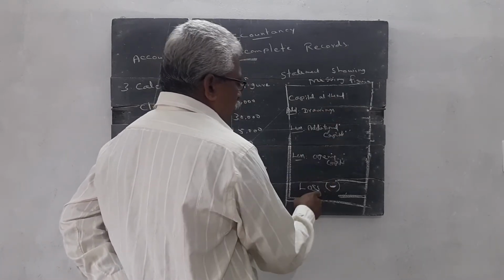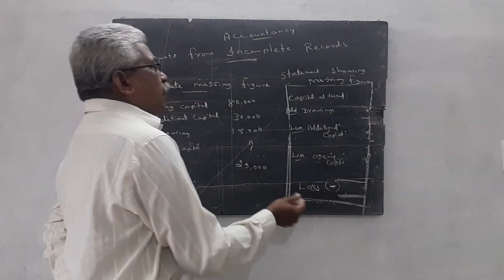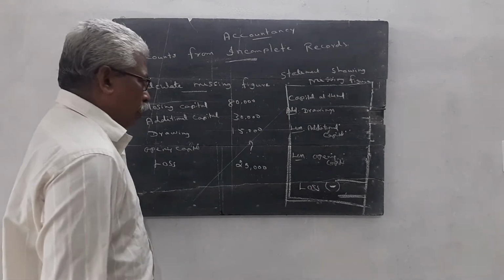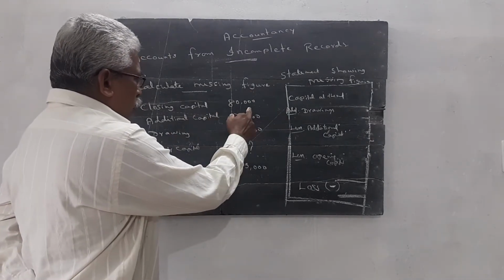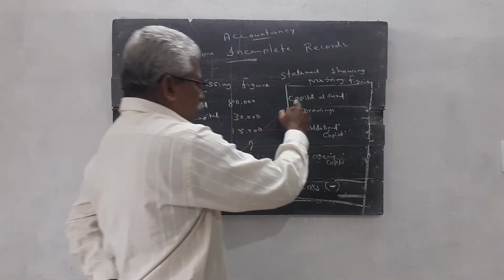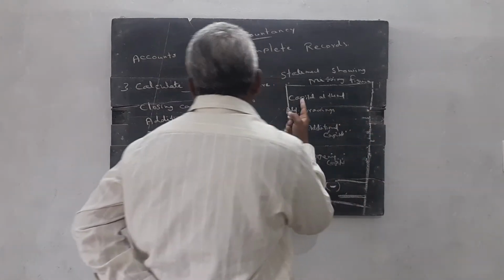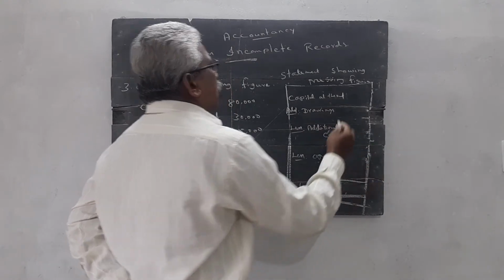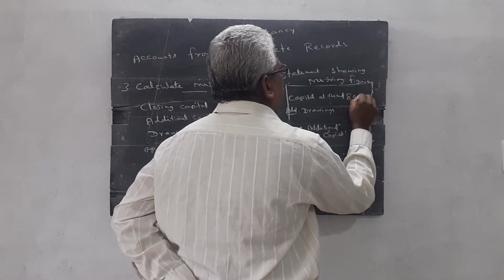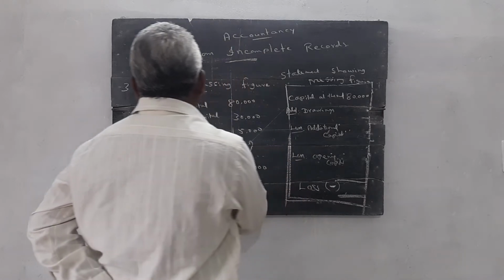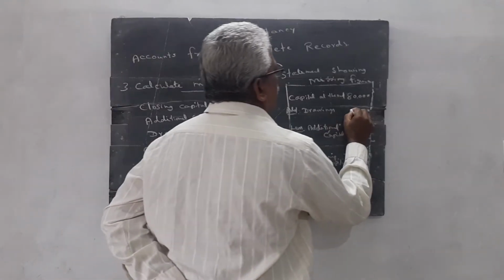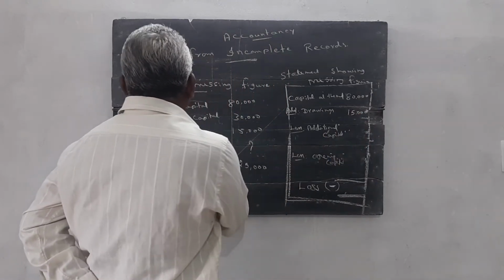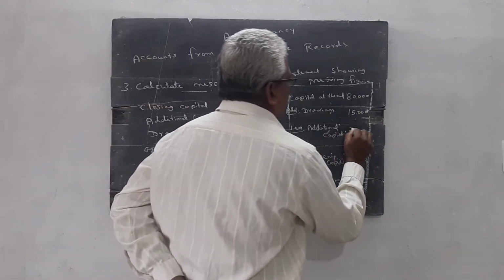In this question, the loss amount is given. So first you write what information is given in the question. You write one by one. Then closing capital 80,000. This closing capital can be written as capital at the end 80,000. Here you write closing capital also correct. Capital at the end or closing capital. Capital at the end 80,000. Add drawings 15,000. Less additional capital 30,000.